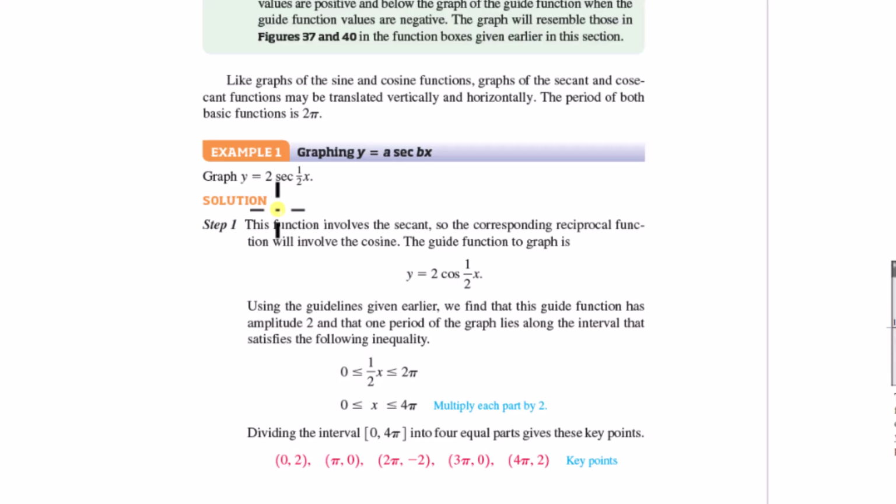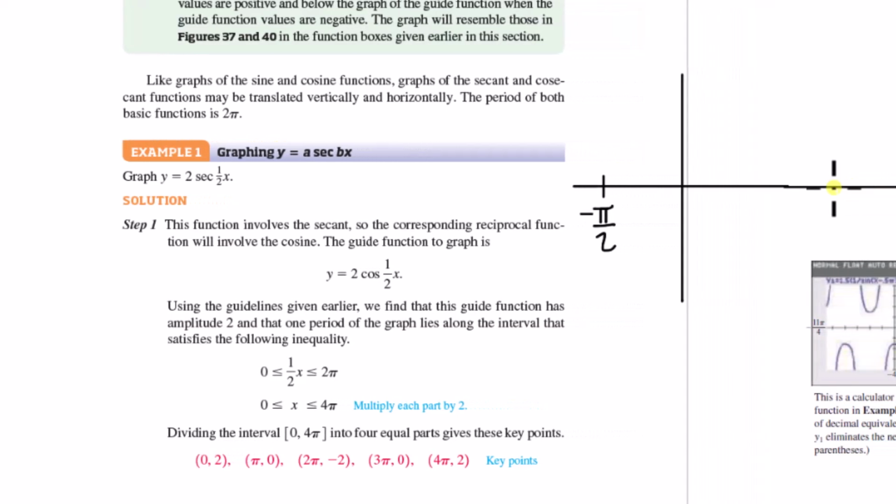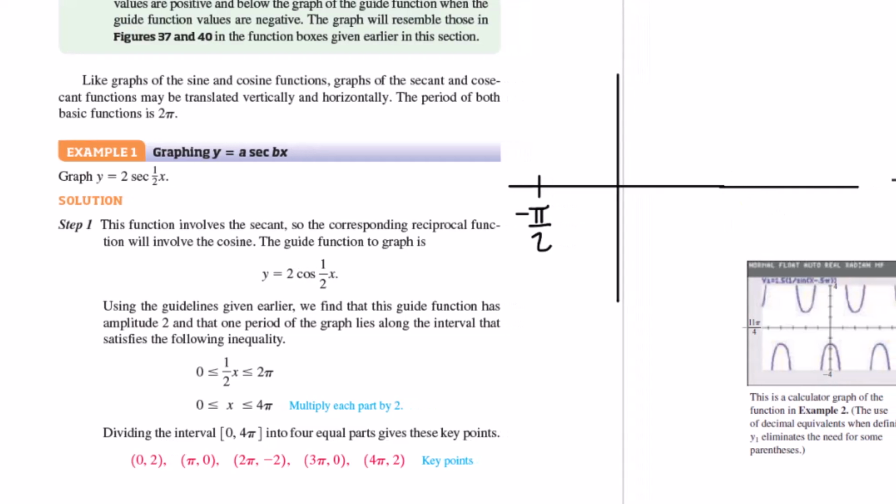But then it's scaled up by a factor of 2, so the period is 4 pi, but we're still going to be sketching from minus pi over 2 to, not back to minus pi over 2, but to, let's see, 3 pi over 2.